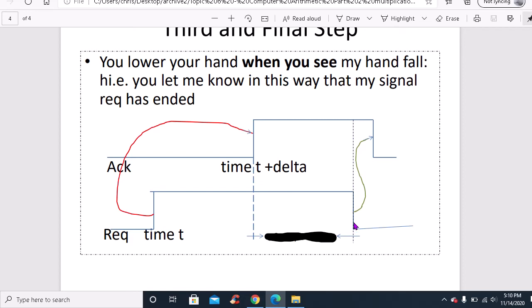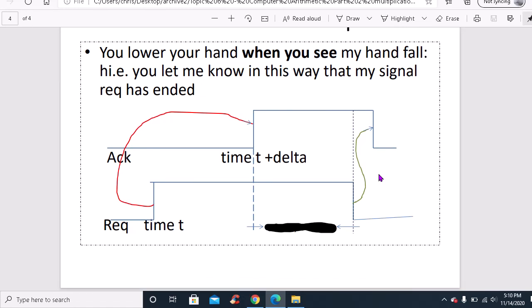And this will cause the other machine to drop its acknowledgement.